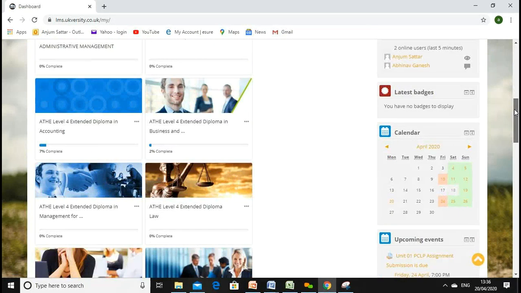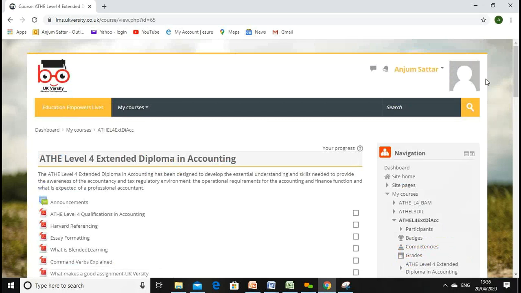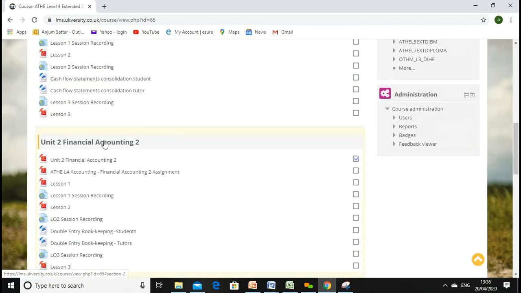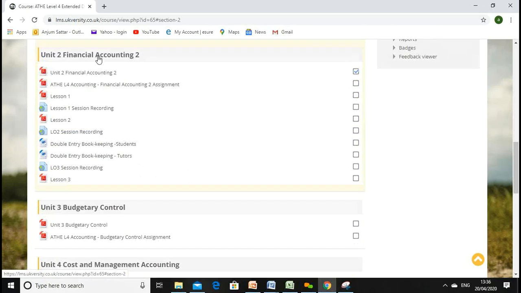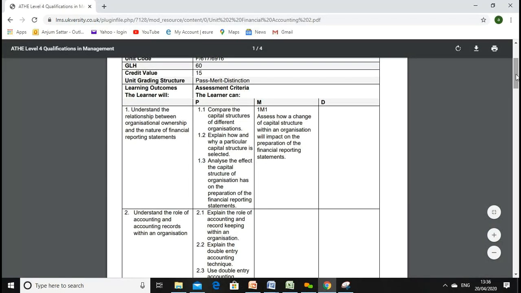We're doing the ATHE level 4 diploma in accounting and finance, which you can find via Moodle, which is our VLE, virtual learning environment. You click there, go to the unit which we are doing, unit 2, which is financial accounting, and then click your unit specification.